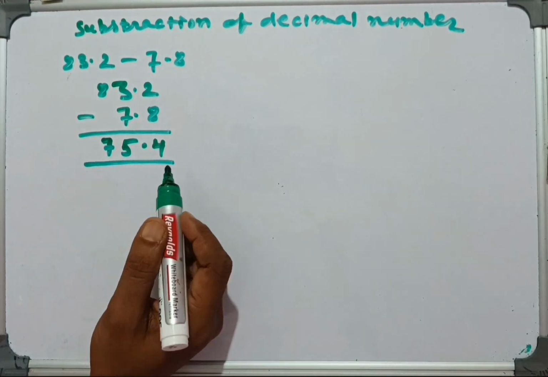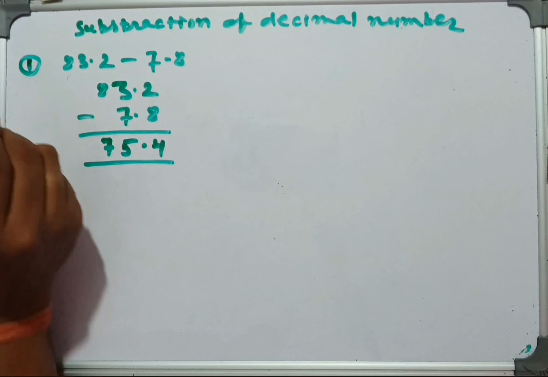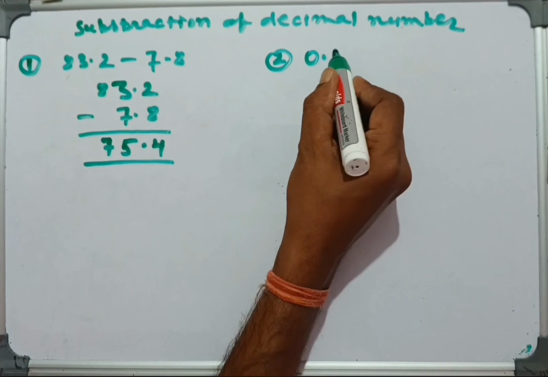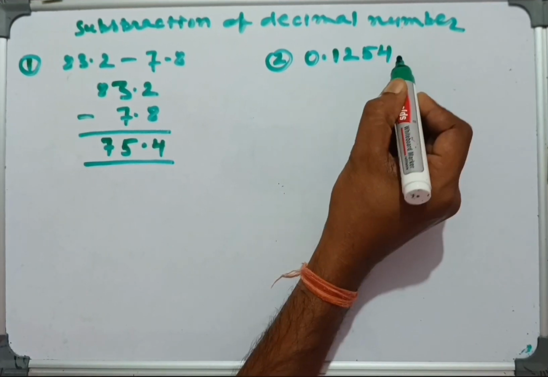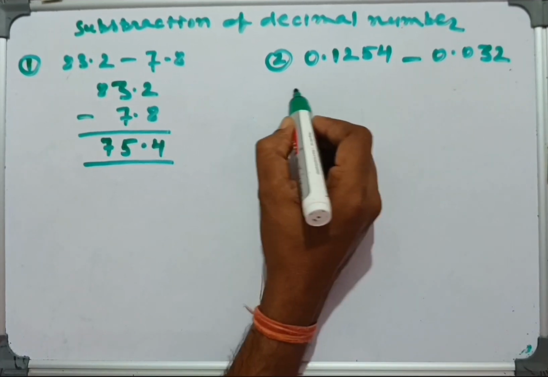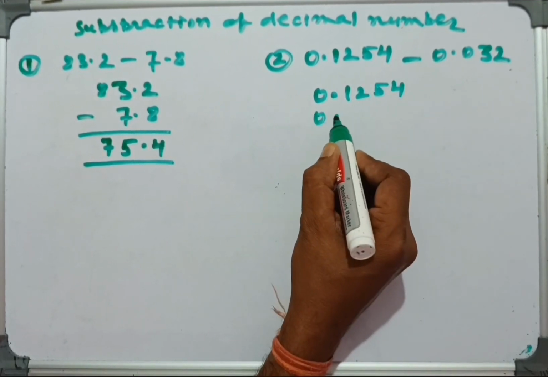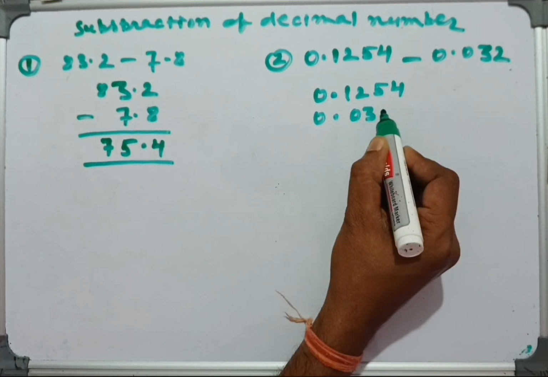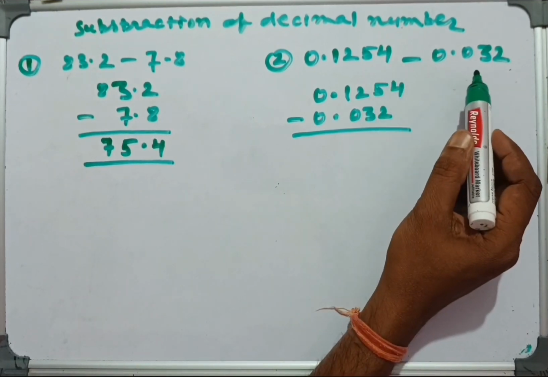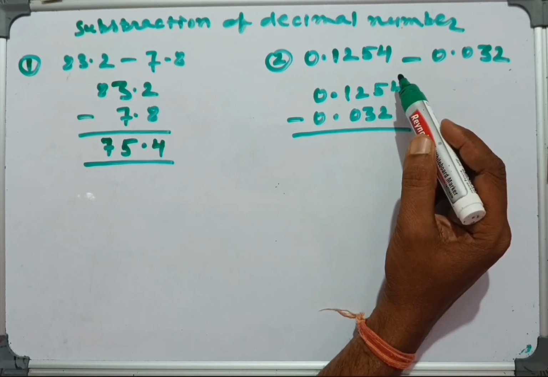Okay guys, now see another example. Suppose this one is the first example, and this one is the second example. Suppose 0.1254 and 0.32. Now how could you subtract? You write 0.1254, now write 0.032, and now subtract. See, these two decimal numbers are not an example of like decimals.